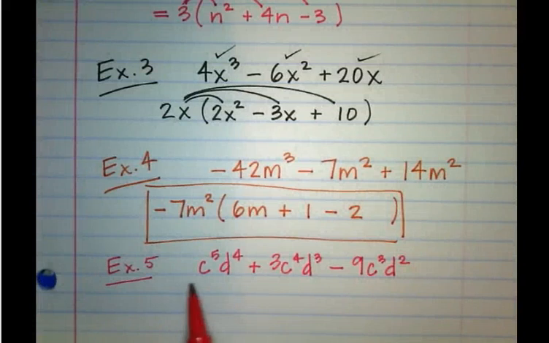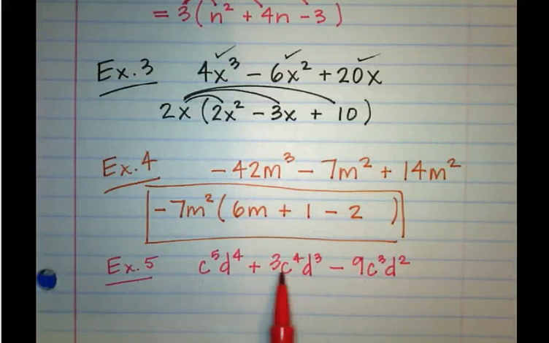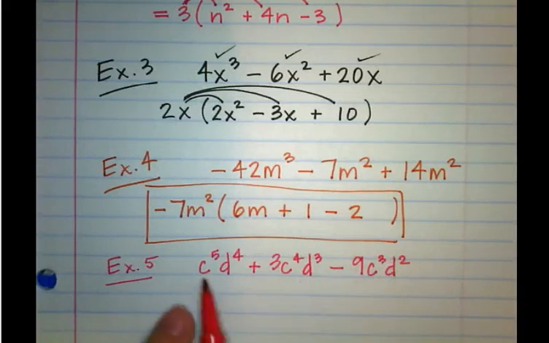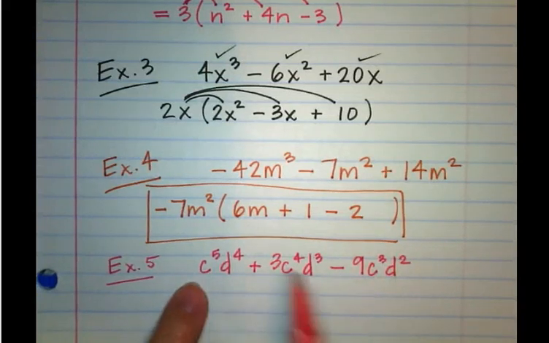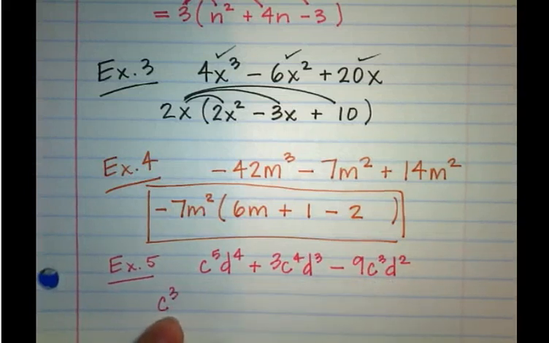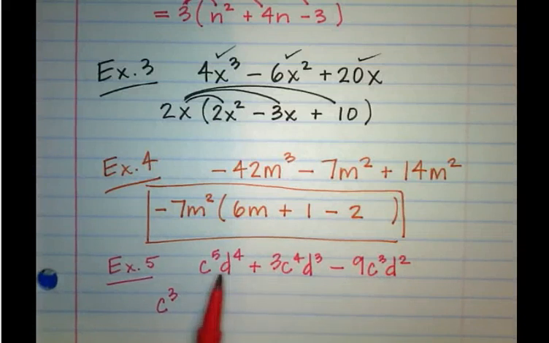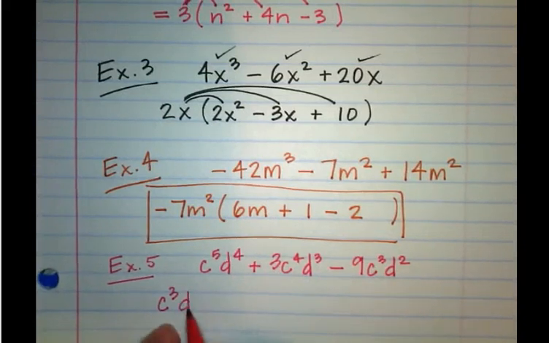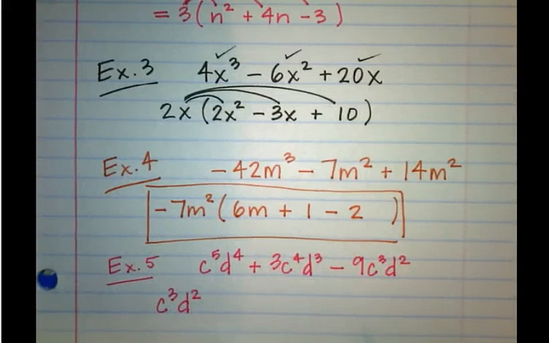All right, so when I look at this, those two can be divided by 3, but this one can't. But they all have a c, and in fact, this one has c to the 5th, this has c to the 4th, this has c to the 3rd. So they all have at least c to the 3rd. And then when I look at the d's, this one has 4, this one has 3, this one has 2. So they each have at least 2.